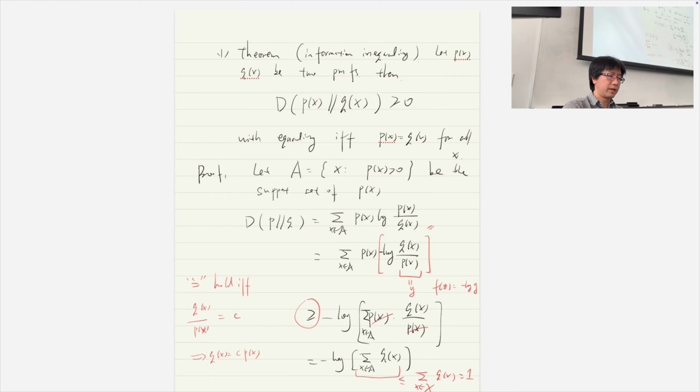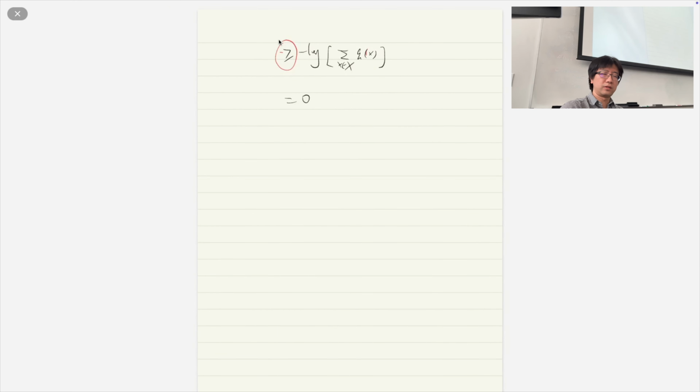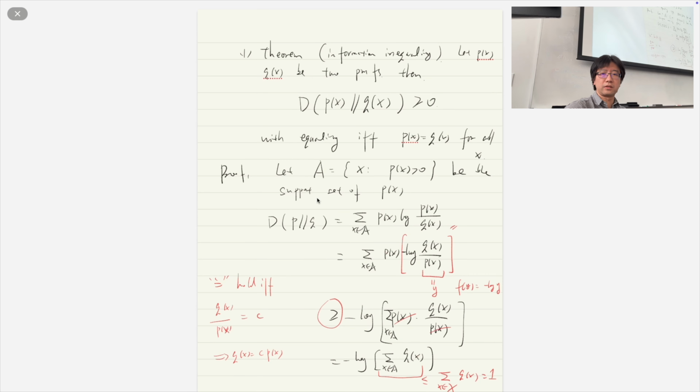And the other place where we use an inequality is here. So when will this equality hold? This equality holds if and only if what? Because here we have x in A and here we have x in X, and the size of A and the size of X are different.